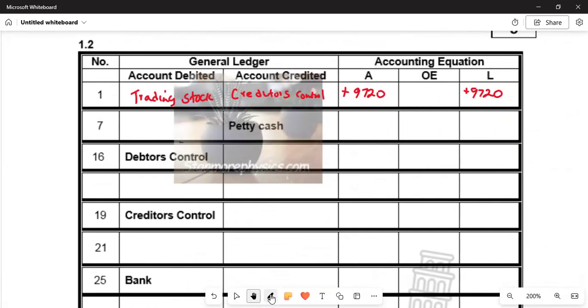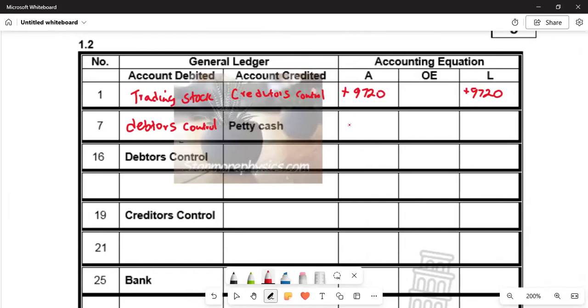Here we are. Petty cash we are already given, so now we are to debit debtors control, because the goods are delivered to our debtor, Don Van.